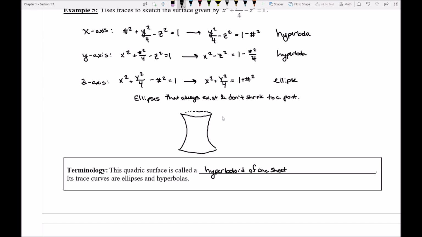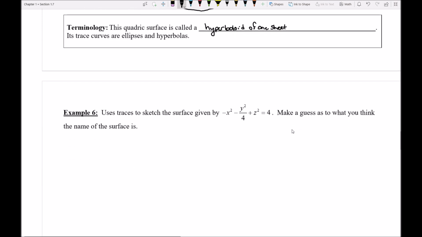It's one connected thing. And this will be different from when we get to the next surface, which we refer to as a hyperboloid of two sheets. Let's take a look at that. So here we're going to do the exact same thing that we did before. Let's take a look at this surface from different perspectives.